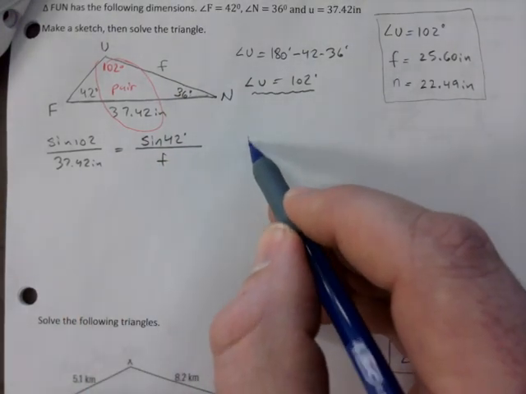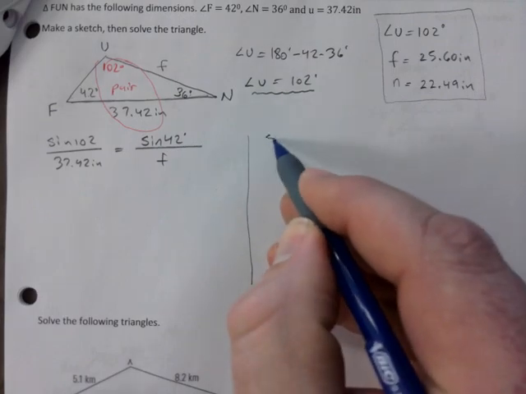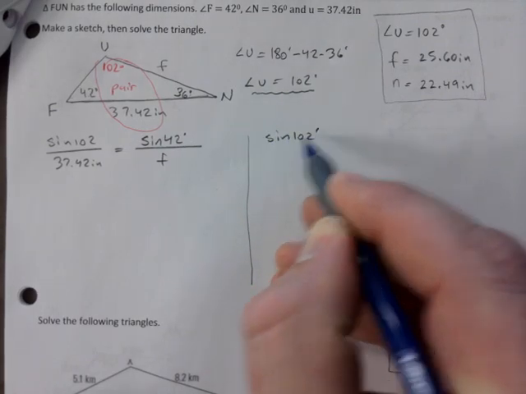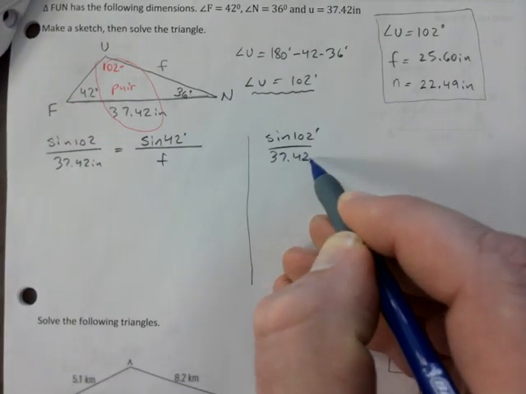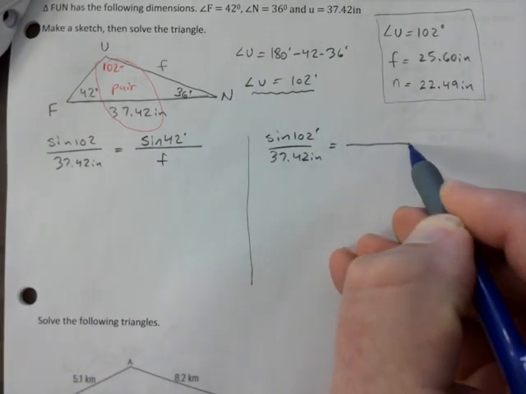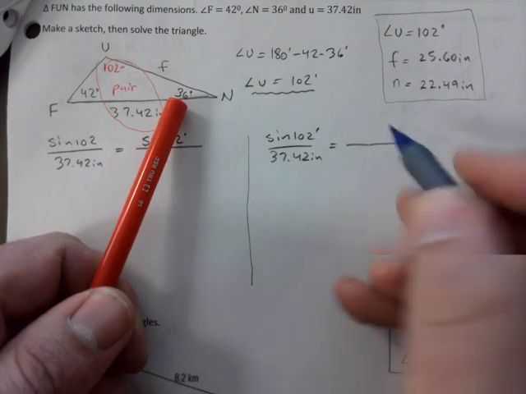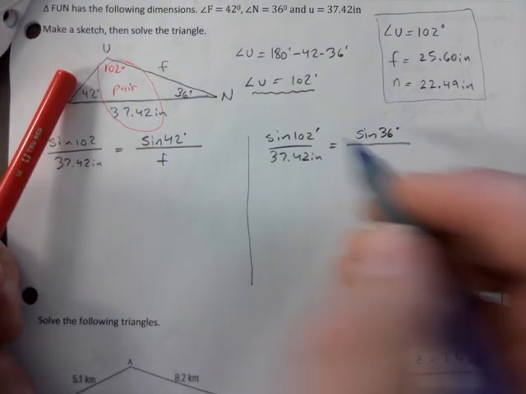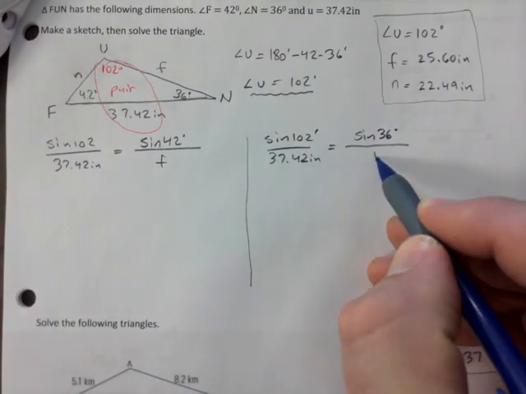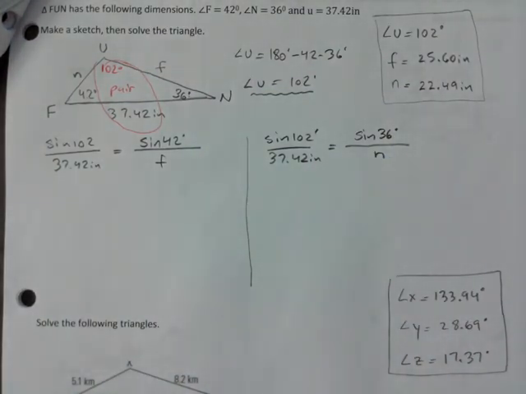And then you break this down, and you can do the exact same thing again. You have your pair, make sure they're together. And now you're going to use this angle, 36, to find side N. So it's basically the same thing all over again.